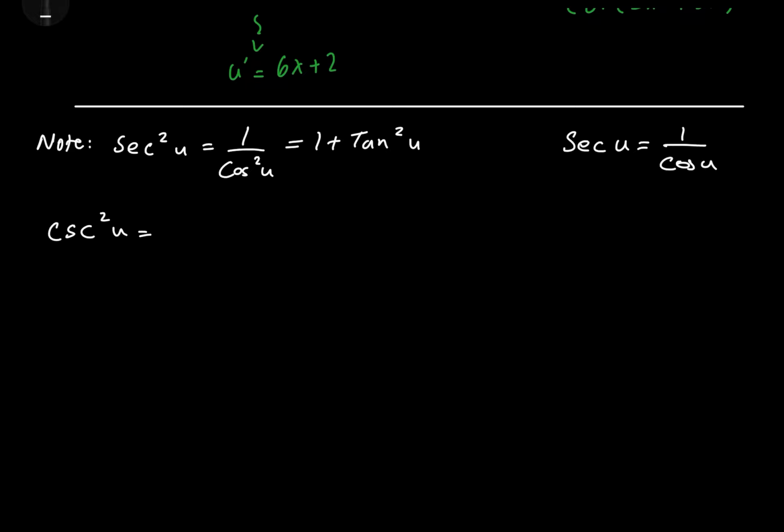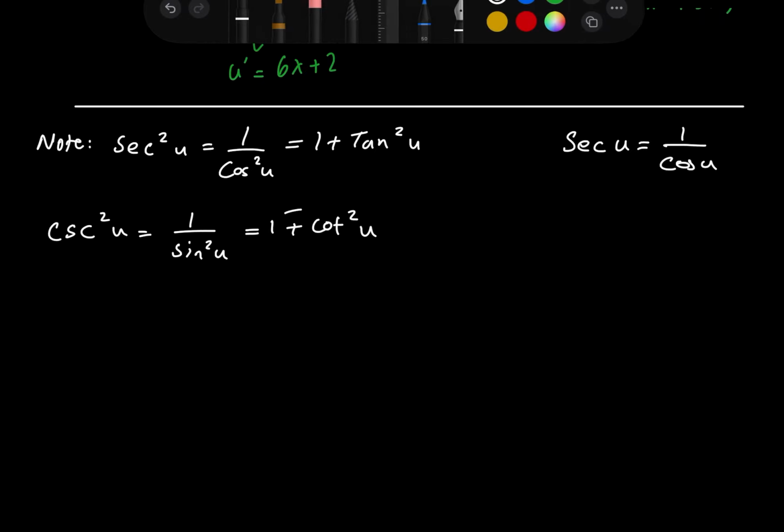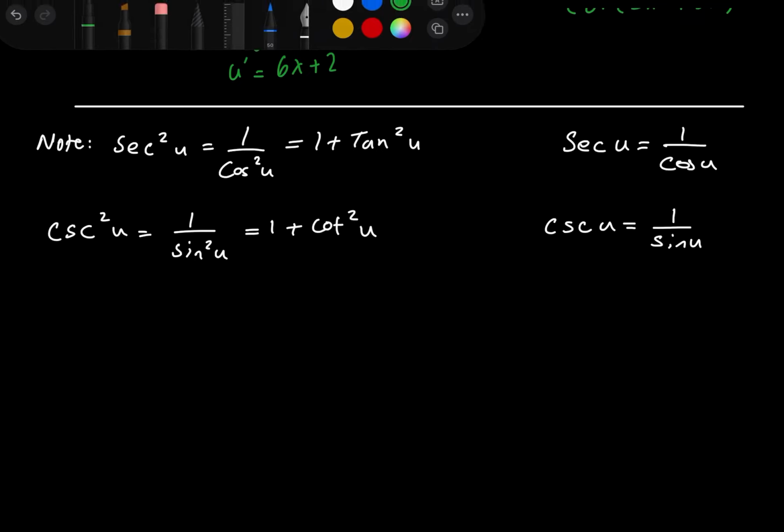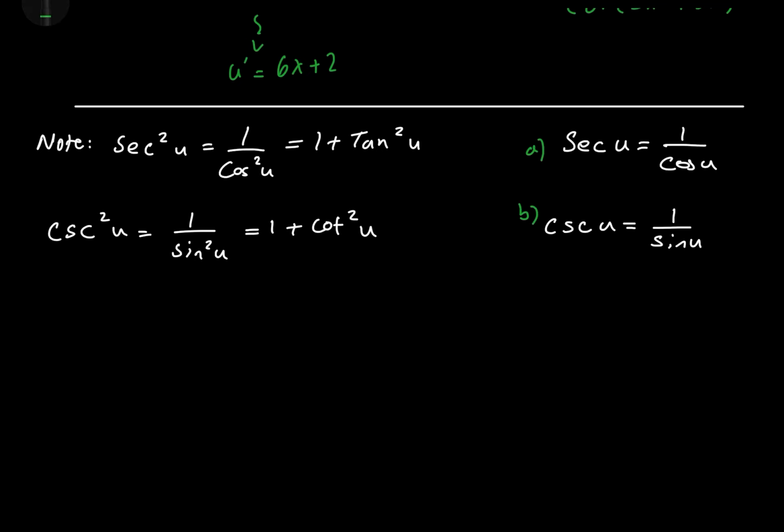We know that cosecant square is 1 over sine square of u, and also equal to 1 plus cotangent square of u. This is a simple rule that you should remember from trigonometry. We also know that cosecant of u is simply 1 over the sine of u. So these are two rules that we should have remembered from trigonometry.